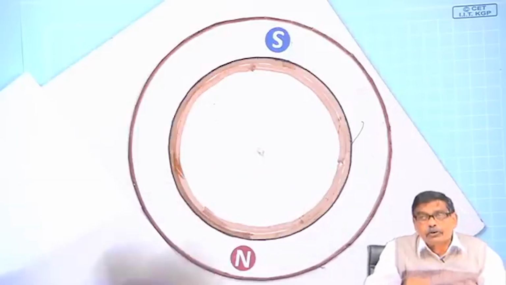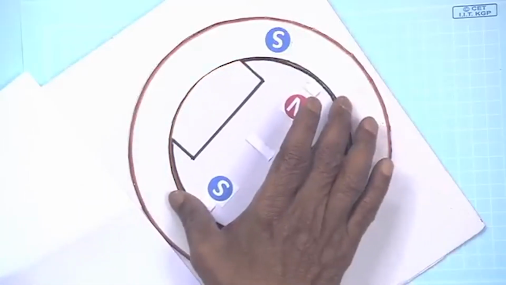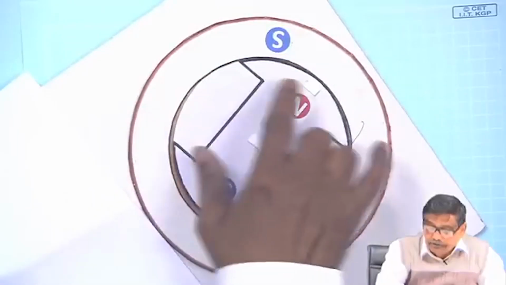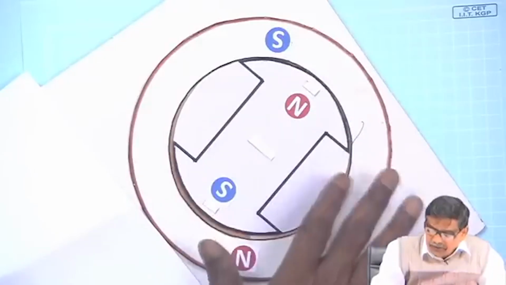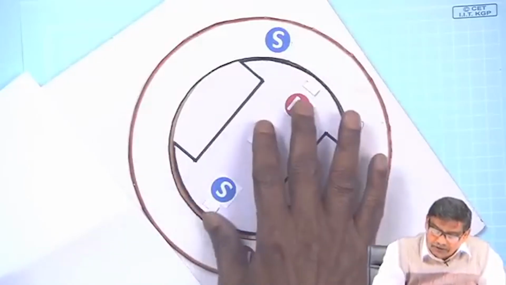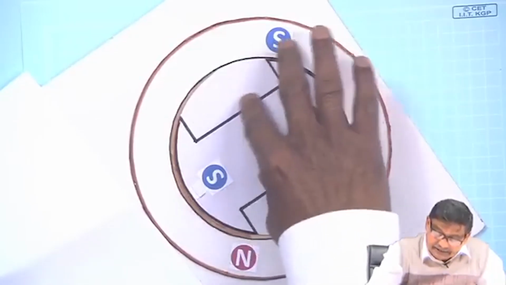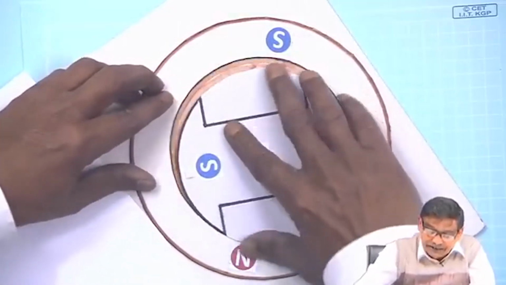Now, suppose you have a rotor body. Rotor body will be placed like this here. Imagine there are no projected poles. Projected poles also are fine, it is just like this here, and this rotor can rotate.